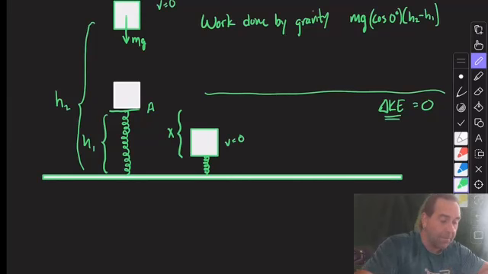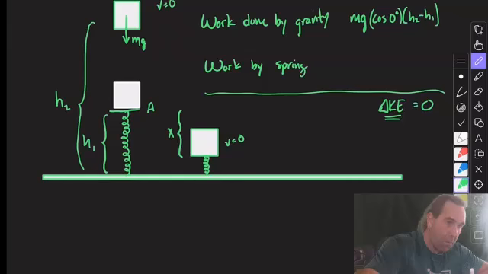Now, that being said, the work done by the spring, well, that's easy. Negative 1/2 kx squared. I really don't have to do all the fancy math and integrals to know that.